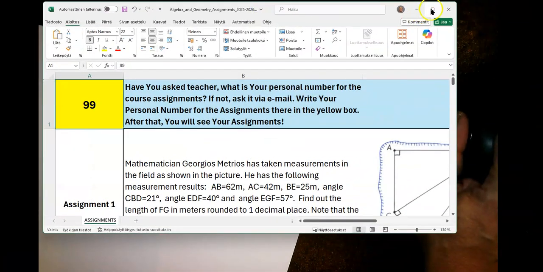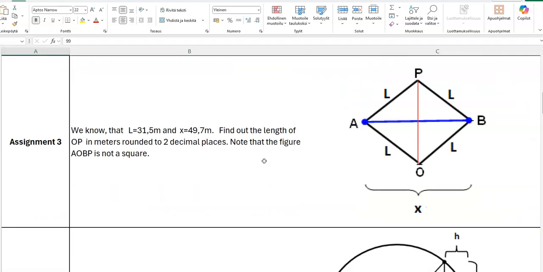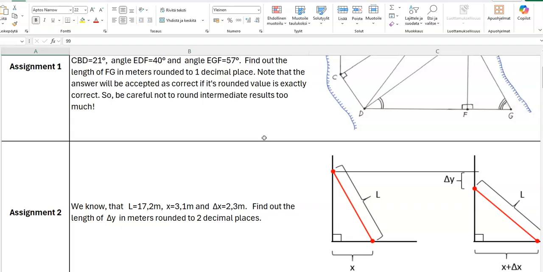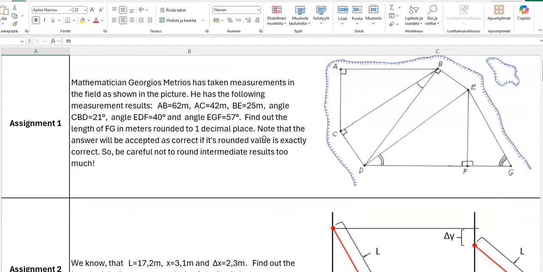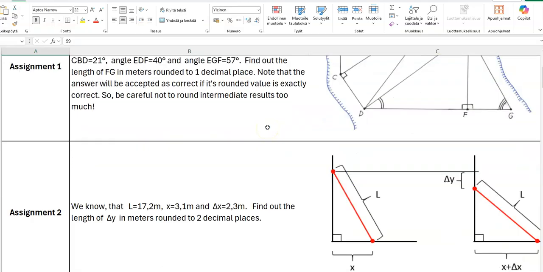Okay, and let's go to the next figure. This next figure is something you need in some assignment. Let's look at the assignments. Most of these first problems are such that you may solve them by using only right angled triangles.